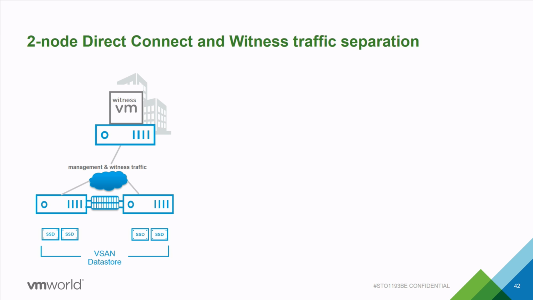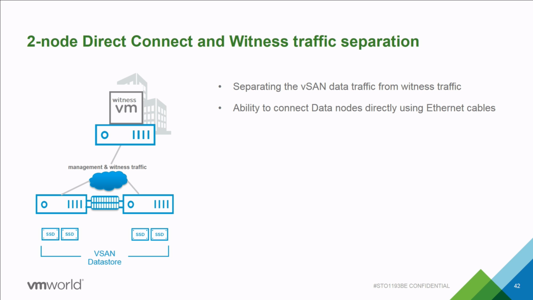It's the cheapest way to achieve high bandwidth, because a 10G switch still costs some money. So getting rid of this part reduces the costs, and it just fulfills the requirement for those two-node configurations.